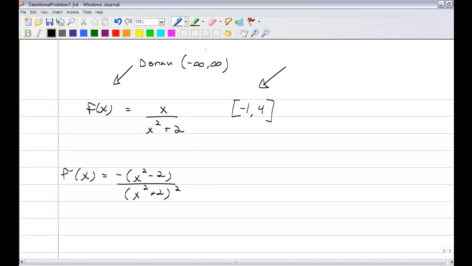It's important to show that there are no discontinuities in here. So I need to use the first derivative to justify any relative extreme values. If the first derivative goes to 0, or the first derivative goes undefined, then that opens up the opportunity that my function changed from increasing to decreasing, or decreasing to increasing.